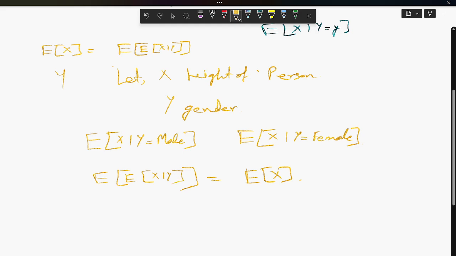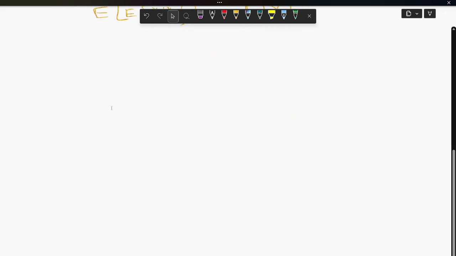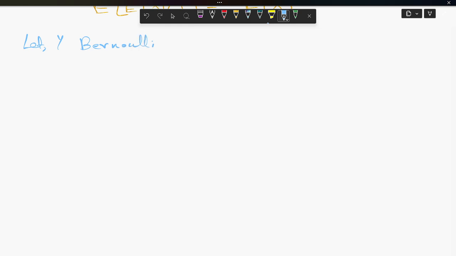Now let us verify it with an example. To ensure this is correct, let's work through a simple example. Let Y be a Bernoulli random variable with probability P(Y = 1) equal to p, and P(Y = 0) equal to 1 minus p.